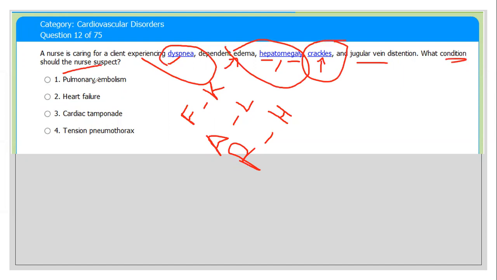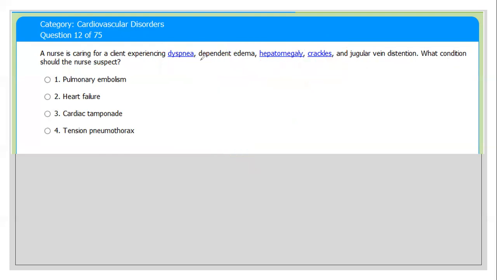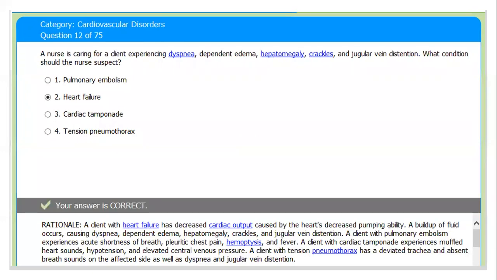Is it pulmonary embolism? Is it heart failure? Is it cardiac tamponade? Or is it tension pneumothorax? As healthcare providers, we must know every medical terminology. The correct answer is heart failure, right?